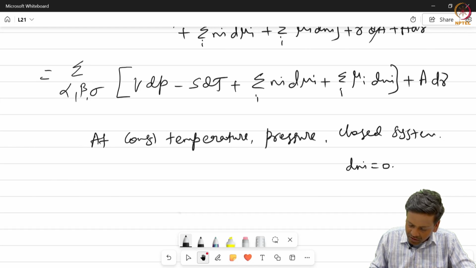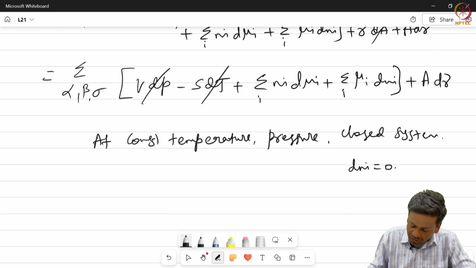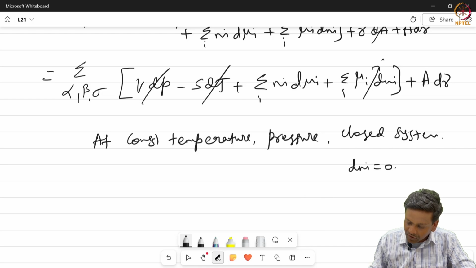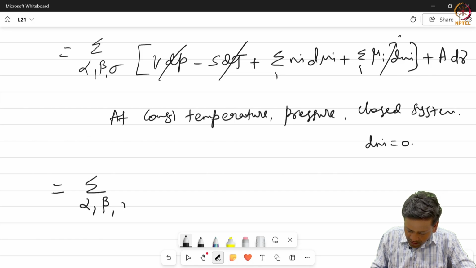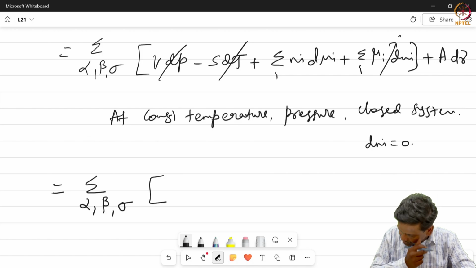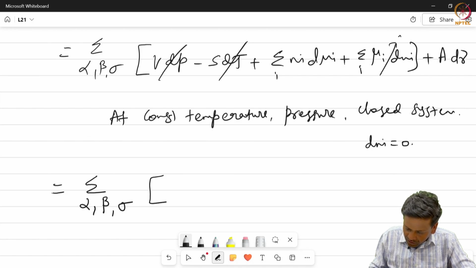For constant temperature and pressure, the VdP and SdT terms also cancel out. So, you will be left with simply the summation over alpha, beta and sigma of N_i d mu_i plus A d gamma.